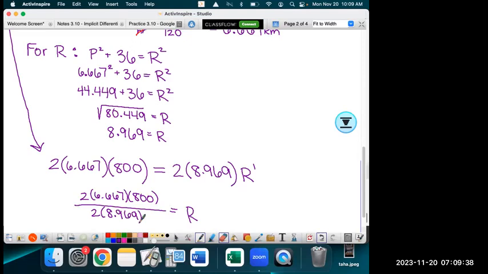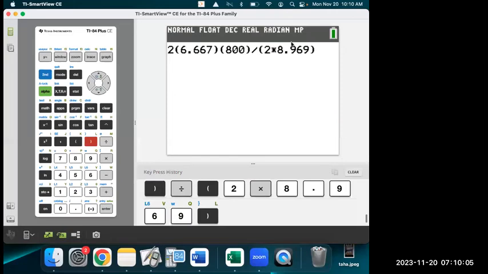Put that in our calculator and I'll put the answer up in just a moment. There we go, 594.671. And the label would be kilometers per hour.